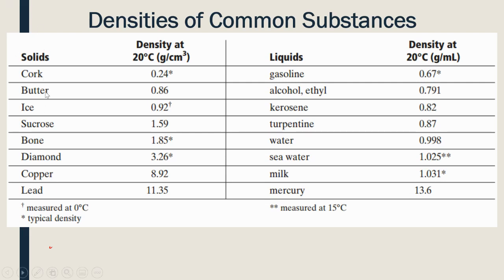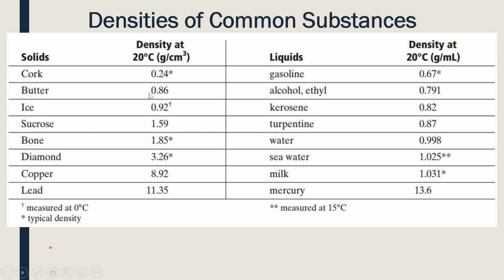It doesn't tell you how much of this stuff there is. The density is the same. Seawater has a density of 1.025 grams per milliliter. Lead has a density of 11.35 grams per centimeter cubed. It doesn't matter how much lead you have because it's an intrinsic property, with an I.